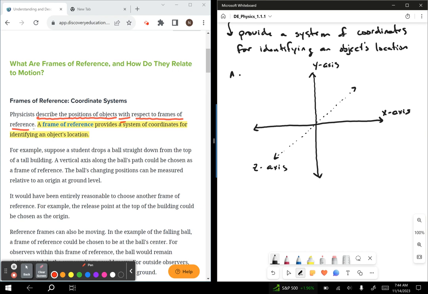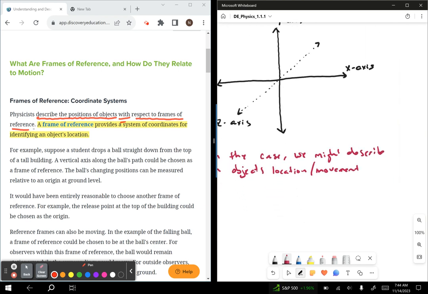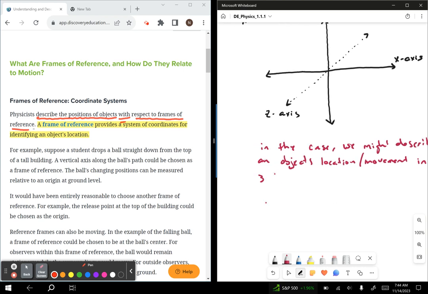Okay, so in this case, we might describe an object's location, movement in all three terms. It doesn't have to be this way.